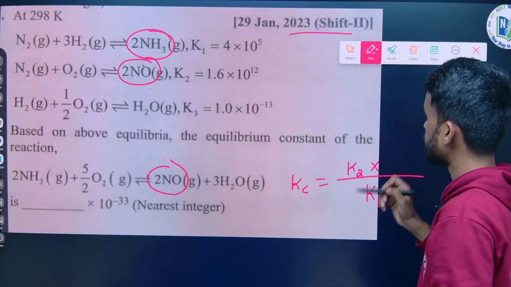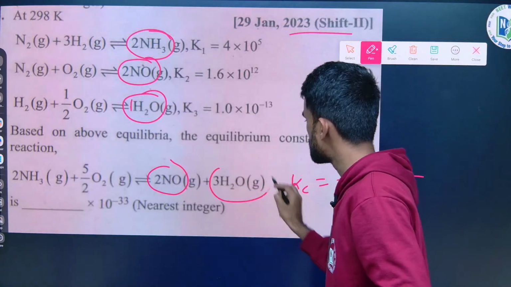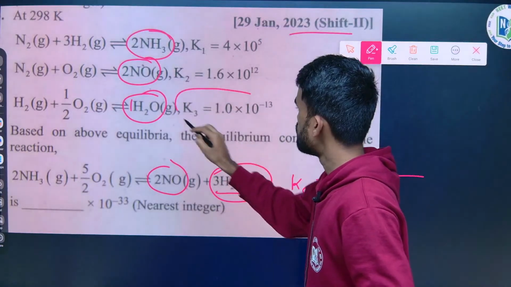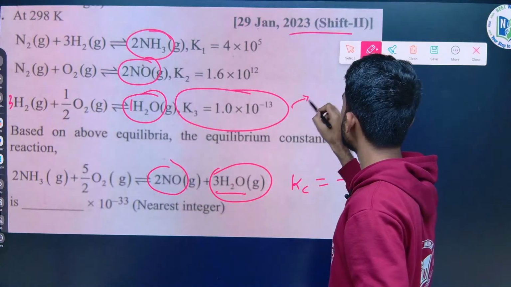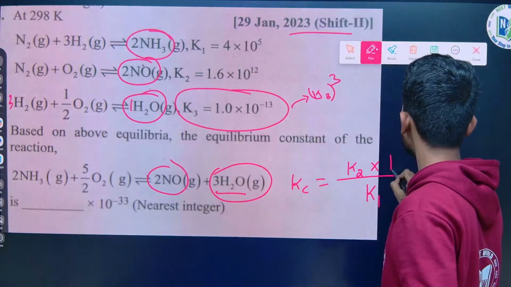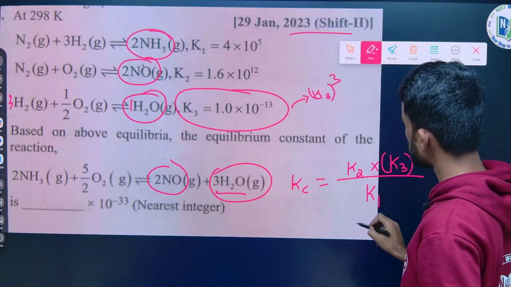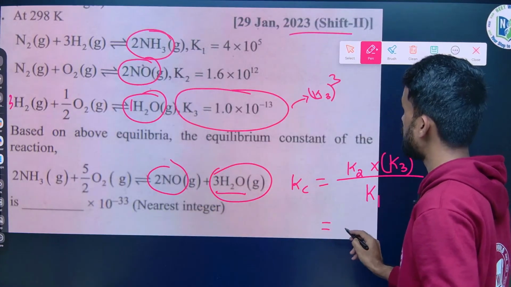And next, what about the water molecule? Here it is 1 and here it is 3. Since the water molecules are 3, you multiply this particular equation with 3, so K3 should be cubed. So take K3 cubed, that's it. Now substitute the values to get the proper answer out of the 4.